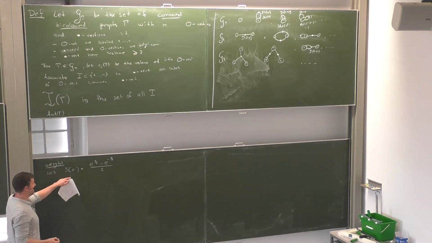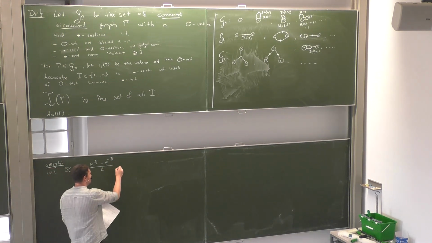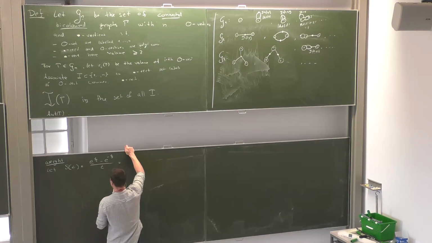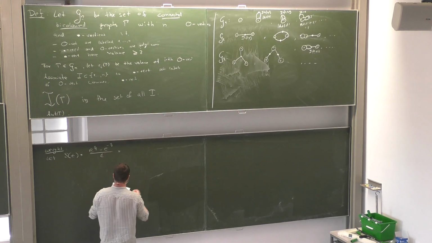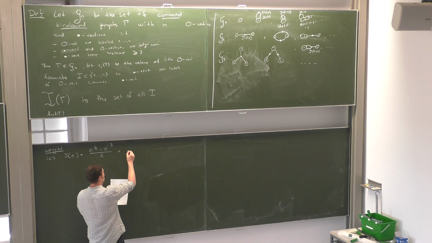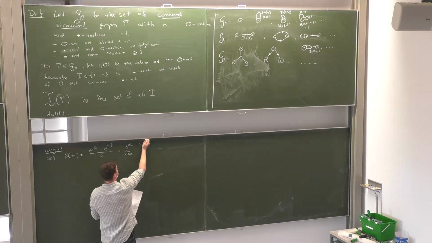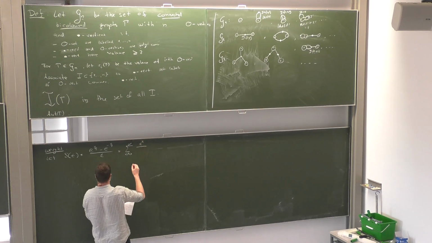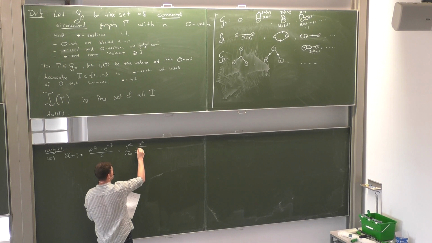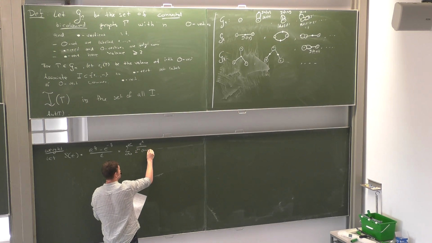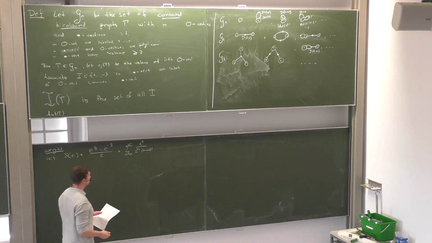This is a formal expression. We don't want to consider the analytic function, but just the formal expression of it, which is the sum from n to infinity, x squared over 2 to the 2n plus 1 factorial.